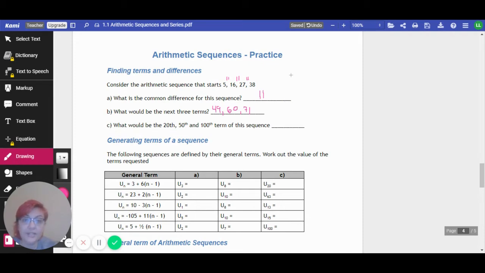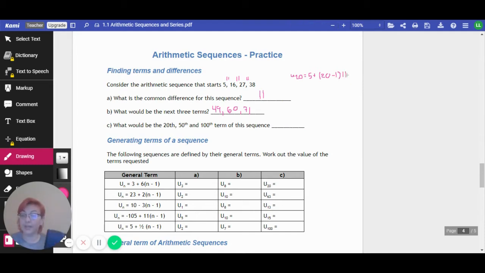Okay, I need to find U20, and I know that U20 is going to be my first term, which is 5, plus n, which in this case is 20, minus 1 times my common difference, which is 11.